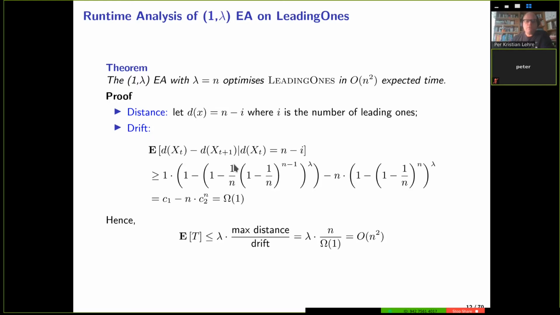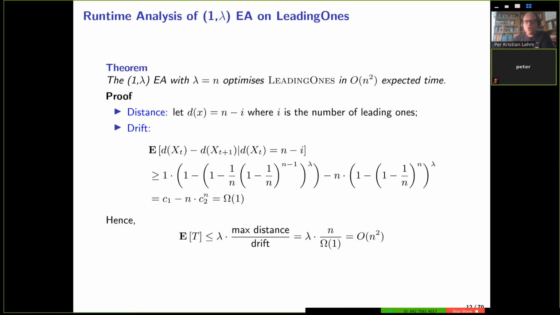So we just need to flip one single bit. We do that with probability 1 over n, and then we should not flip any of the leading 1 bits. Okay, and in the worst case this is n minus 1 leading 1 bits. Okay, so we have a greater than or equal symbol here. So this is the probability that one particular individual improves.